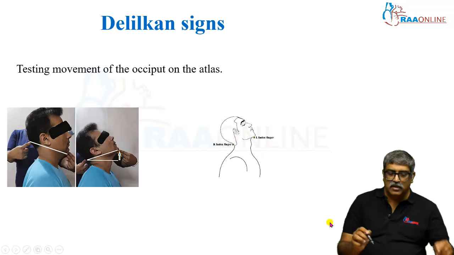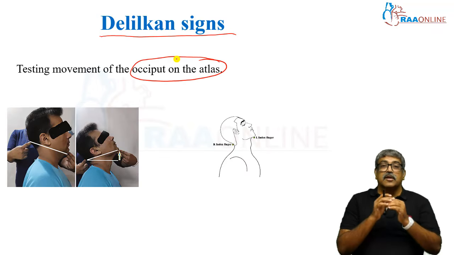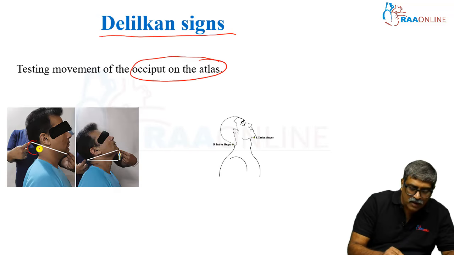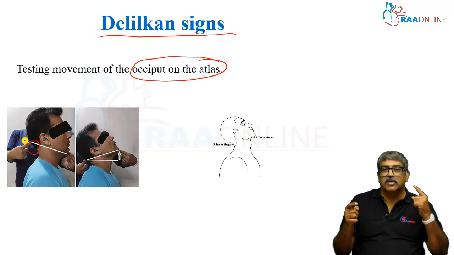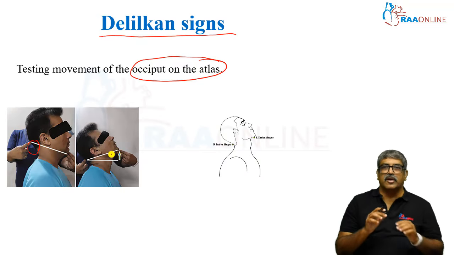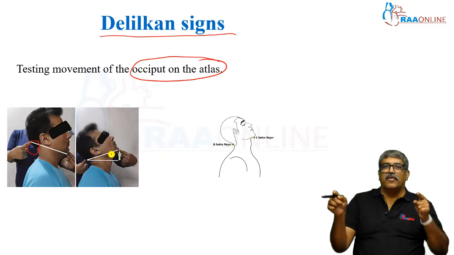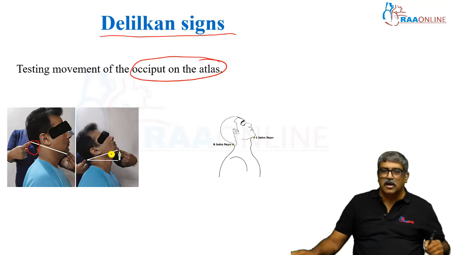And coming to what is called the Delilkan sign. Here you check the movement of the occiput over the atlas. You place the right index finger on the occiput and the left index finger on the chin. Here you look at the level of the right and the left index finger of the anesthesiologist.